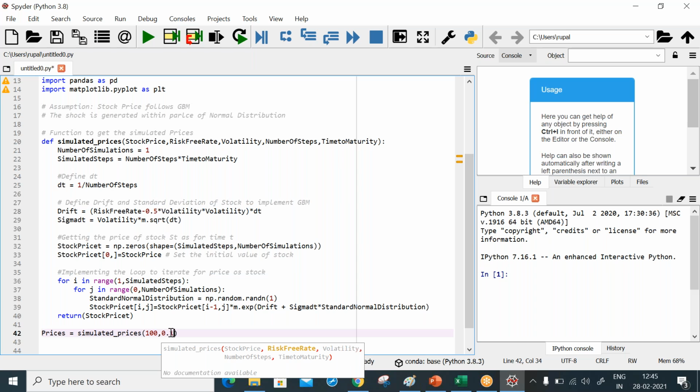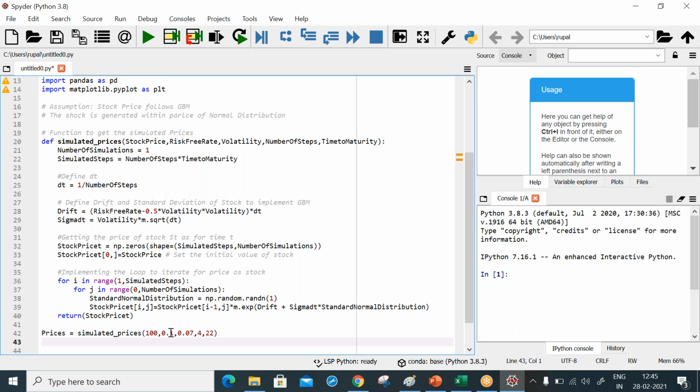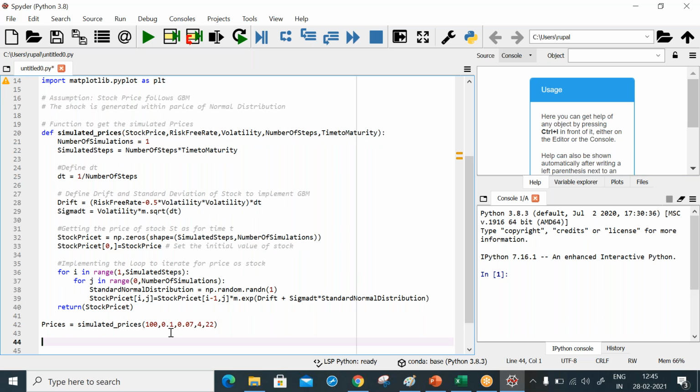Our risk-free rate is 0.1. I know it was drift yesterday, but let's take it as risk-free rate itself today. Our volatility is 0.07 as we considered yesterday. The number of steps were 4 for us. DT was 0.25, the number of steps are 4, and the number of days were 22. That was just an assumption that we made.